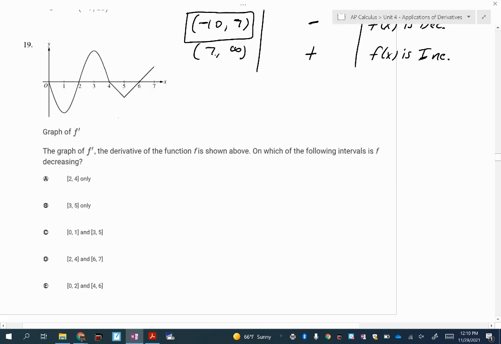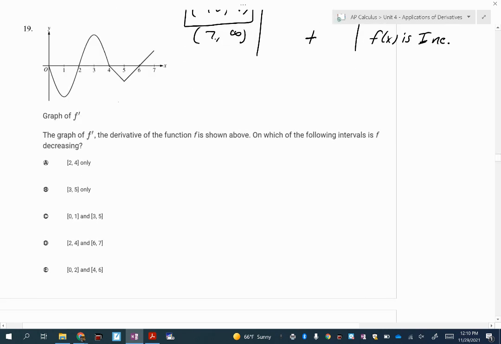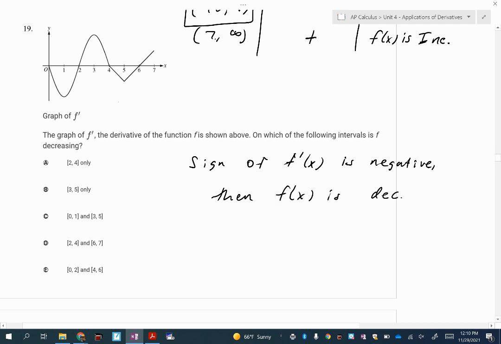Let's go to 19. All right, so 19, it says, here's the graph of the first derivative. Which of the following intervals is the f of x function decreasing? Again, we've done this a couple of times, but if the sign of f prime of x is negative, then f of x is decreasing.